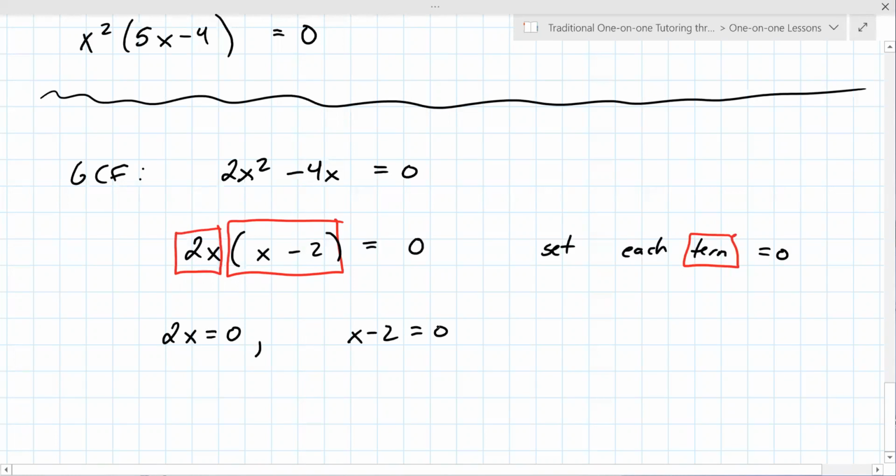So it's always set to 0, right? Yes, always. There's no exceptions ever. And then you solve. 2x equals 0, x minus 2 equals 0. These are both one-step equations. Now they could be two-step equations, but you just do one operation to get x, one operation to get x.